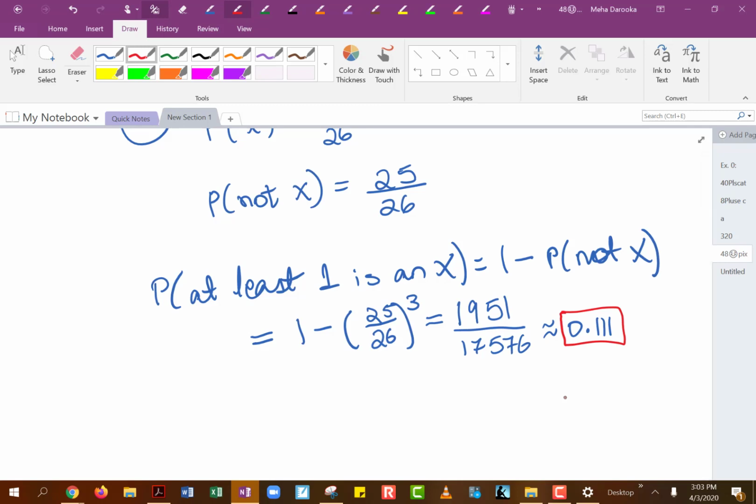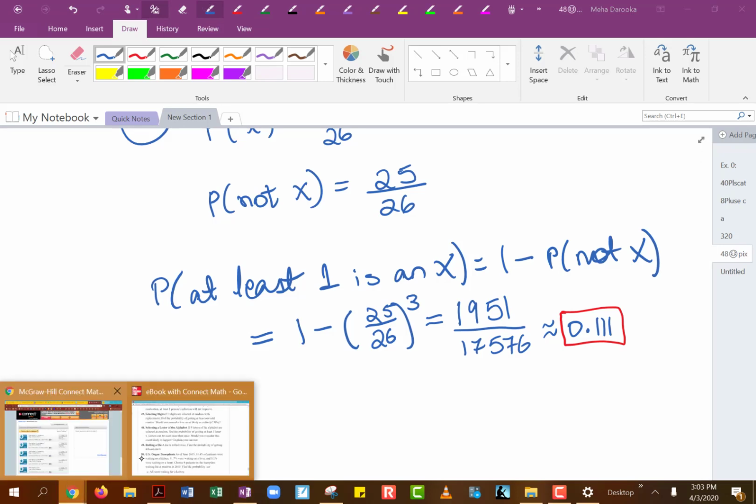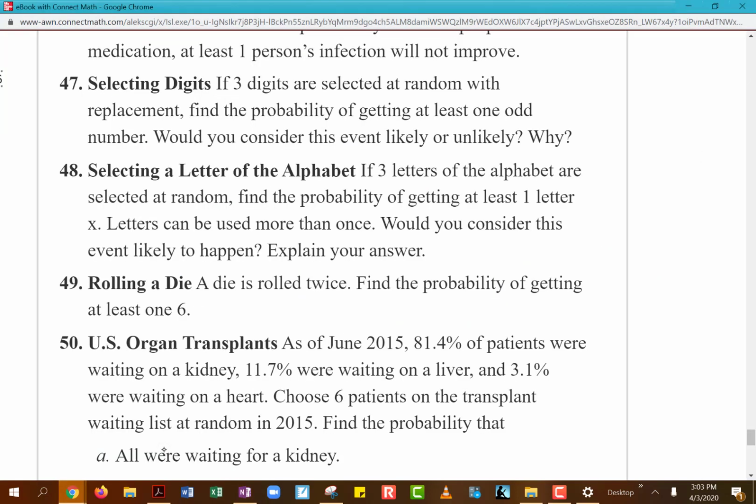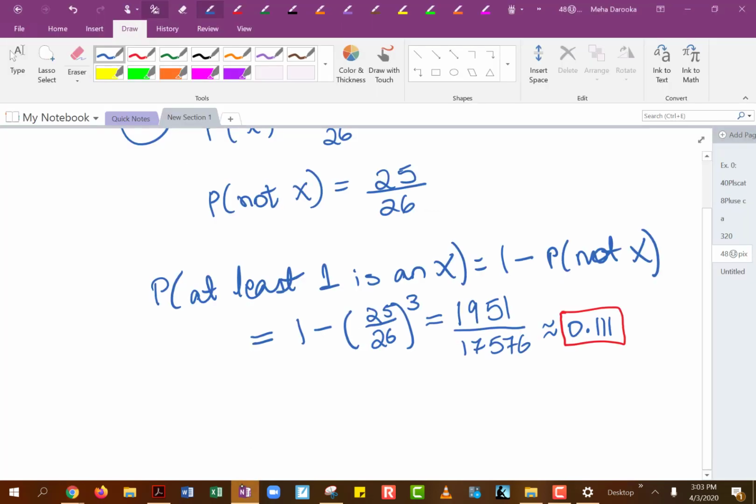So we would say, because of the second question they were asking us, would you consider this event likely to happen? For it to be likely to happen, it has to be more than 50%, and we are nowhere near that.